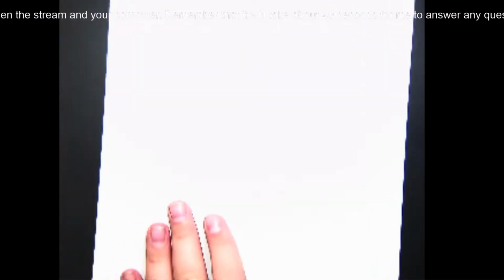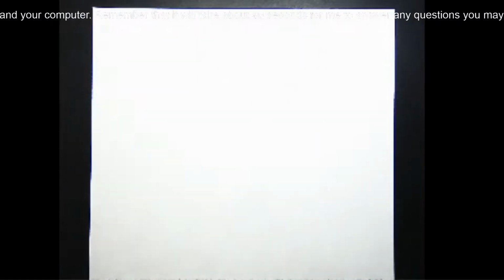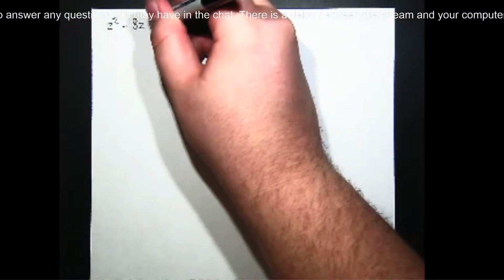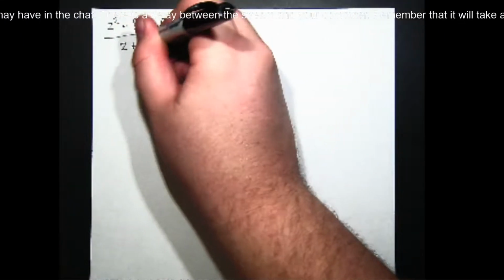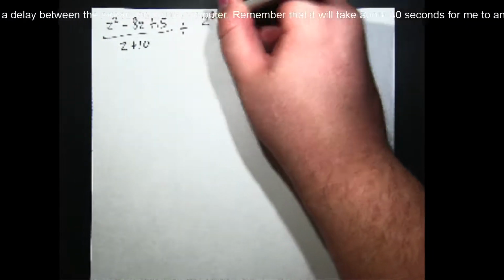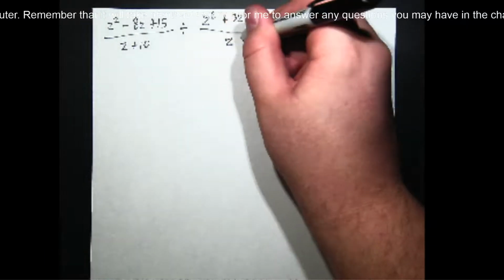Last one on the quiz. I've got here z squared minus 8z plus 15 over z plus 10, divided by z squared plus 3z minus 18 over z plus 10.